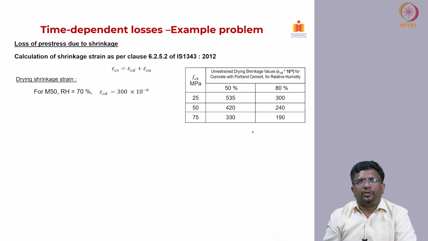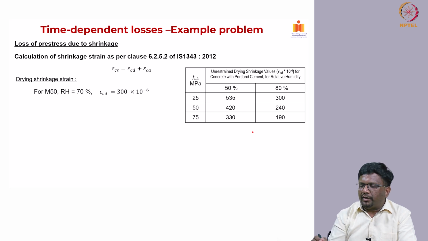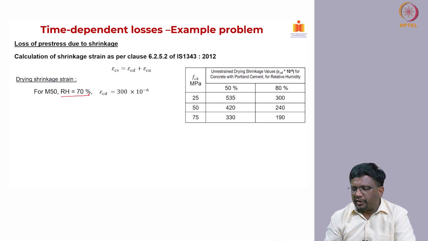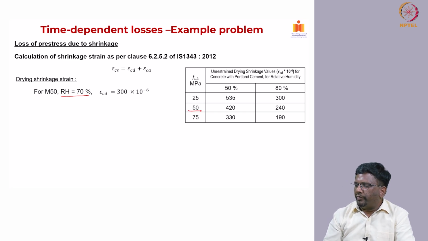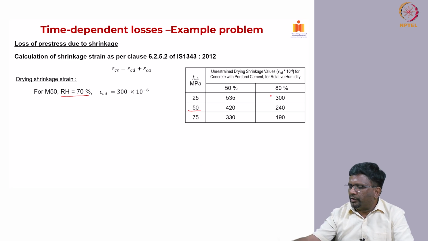Okay, now let us do the same exercise for drying shrinkage strain. For drying shrinkage strain, given that relative humidity is 70%, the code gives you the maximum value of 300 into 10 to the power minus 6. So, for M50 you have to do the interpolation and then you get 300 for RH equal to 70%, okay.